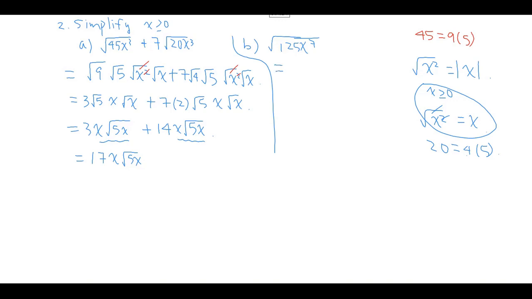We first write this 125 as square root of 25 times square root of 5. Then you have x to the 7th. So you can have x squared times x squared times x squared, right? So that's x to the 6.